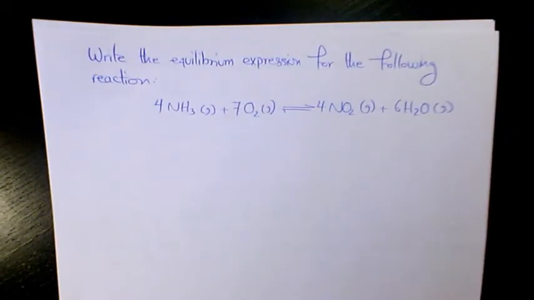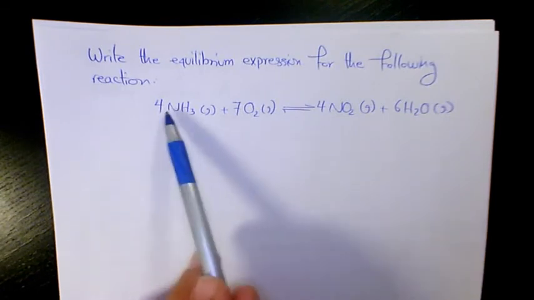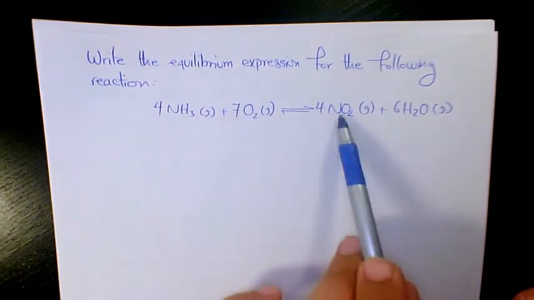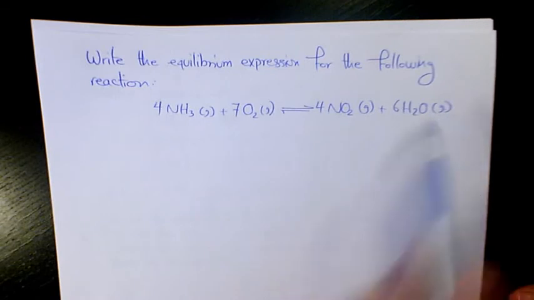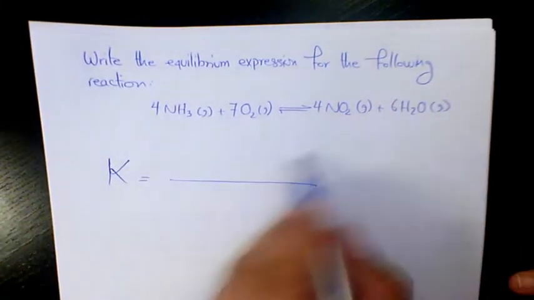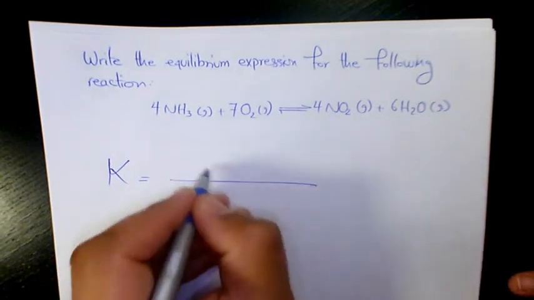So in the first example, it says write the equilibrium expression for the following reaction: 4NH3 plus 7O2 gives 4NO2 plus 6H2O. So the equilibrium expression is going to be, first of all, in the numerator we write the products.